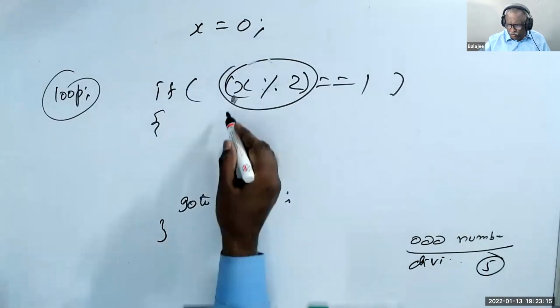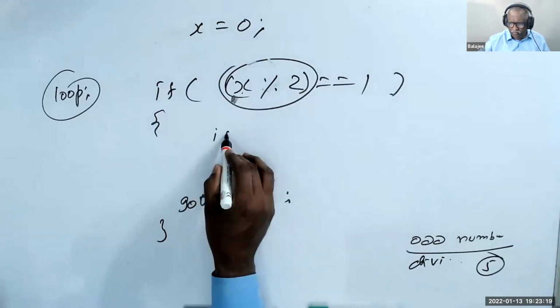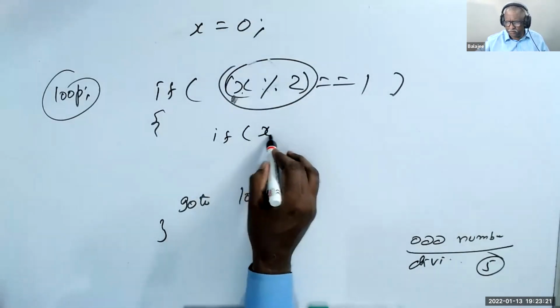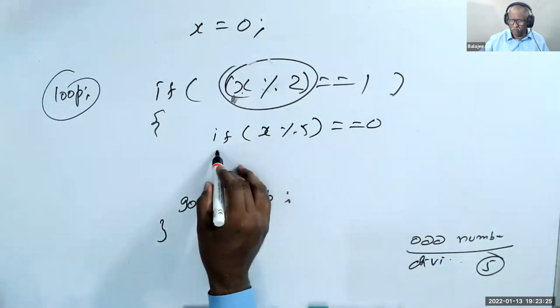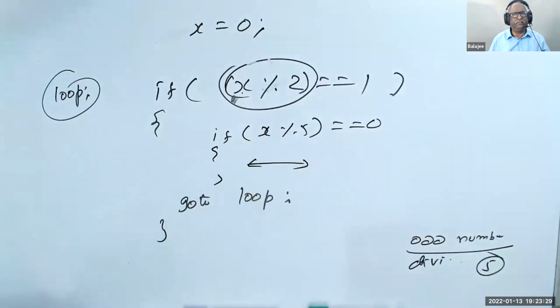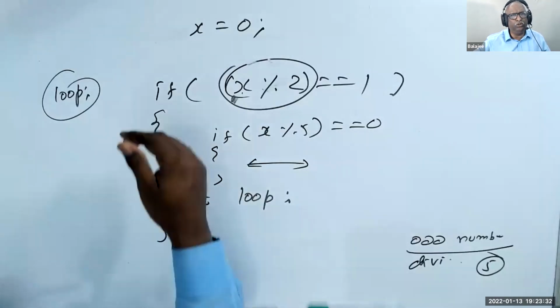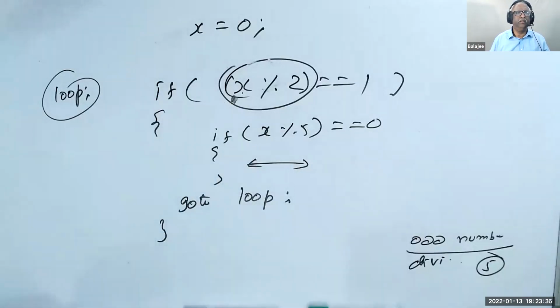Then you first check the odd number, then you come inside the if: x % 5 equal to 0. Then you do that. Understand? So you should learn this art of doing this.